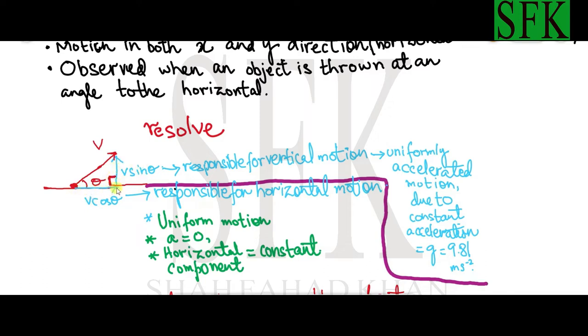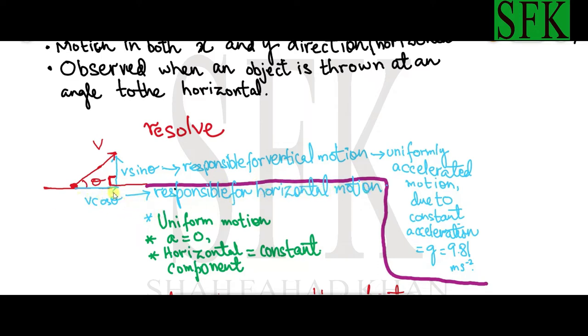The horizontal component is known as v cos theta. This can be calculated by v cos theta, v being the velocity, and cos of the angle theta will give us the horizontal component. It is responsible for the horizontal motion of the projectile.